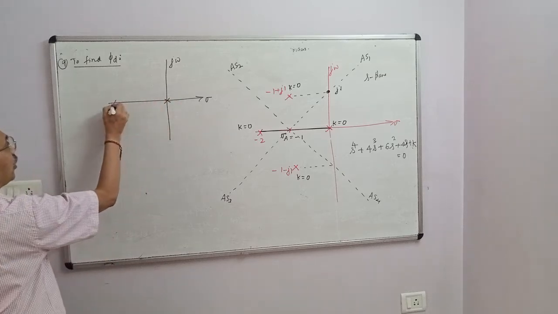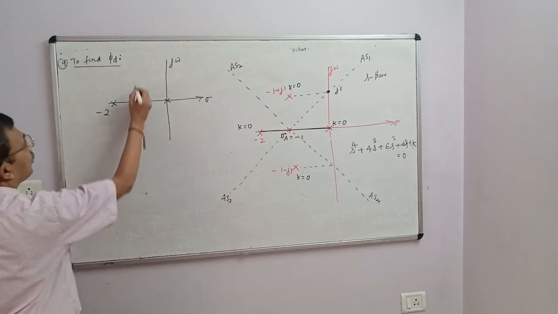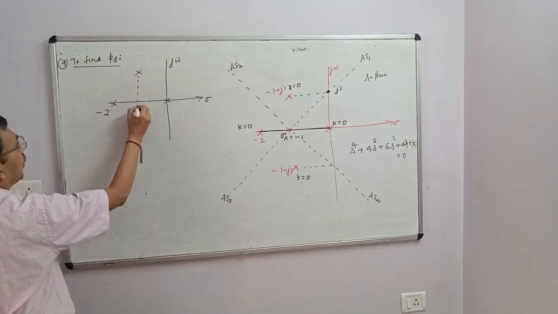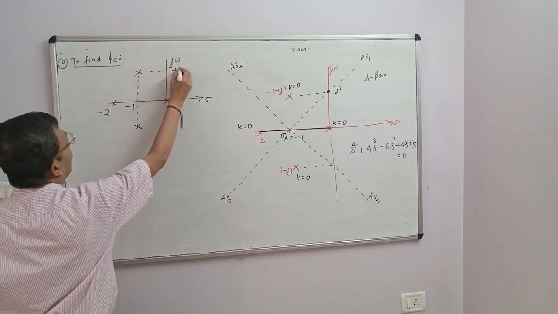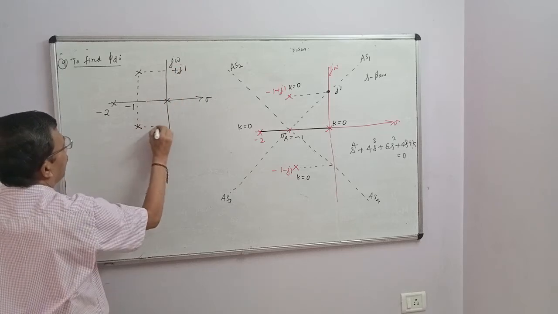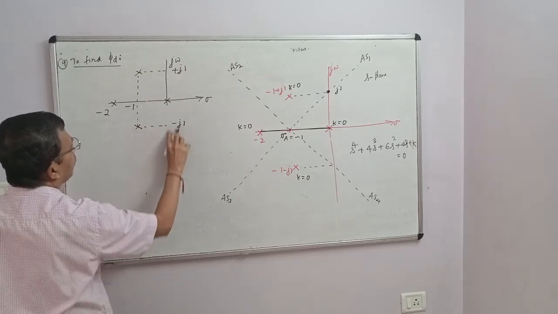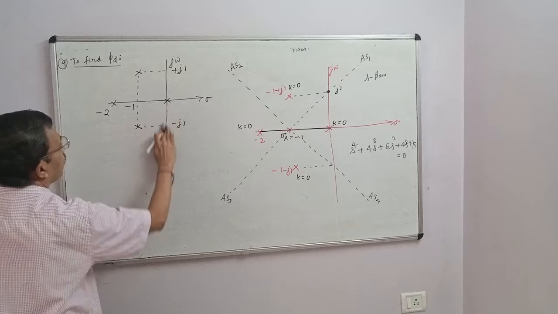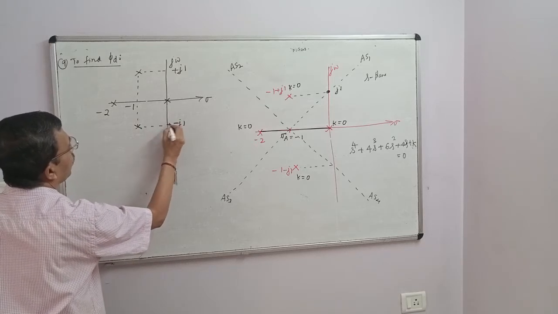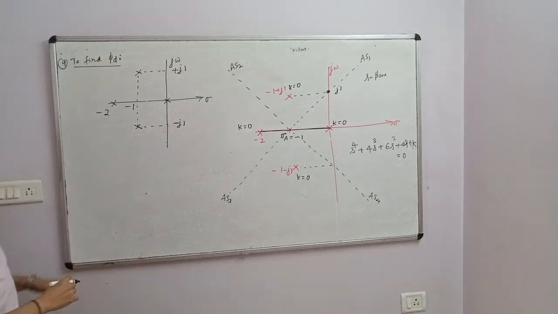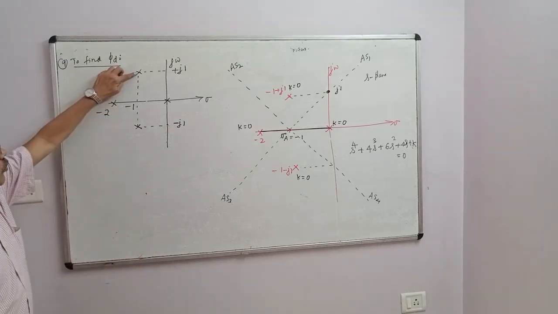These are the two real poles. They are at 0 and -2. These are the two complex poles. These complex poles have real part -1, imaginary parts plus j1 and minus j1. We want to find the angle of departure of this pole.